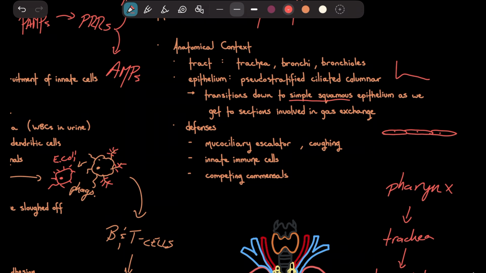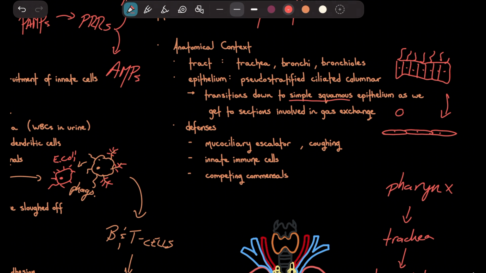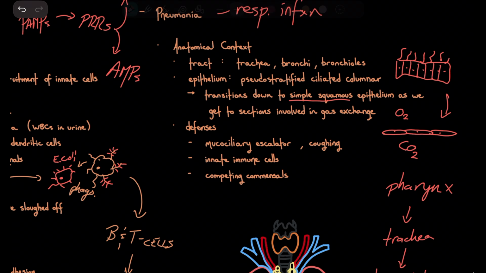So they start out, this epithelium here, the PCCE, looking like this, and then eventually come down looking like this. That makes sense because we want these to be involved in gas exchange. That's what my lungs are doing. So we want as little space between this barrier as possible, so that the molecules don't have to work that hard.